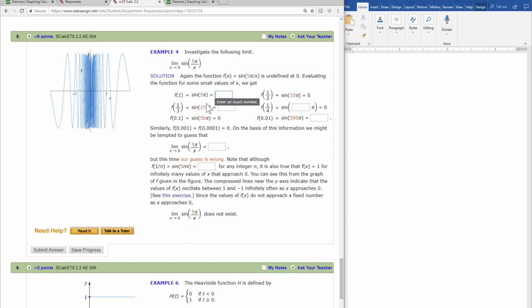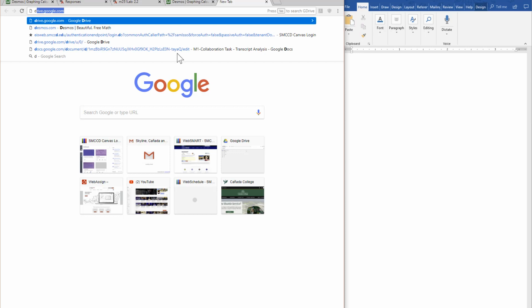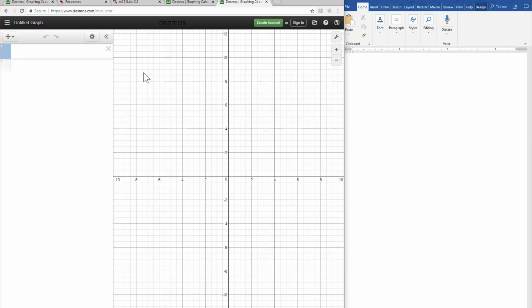Actually, you should know, because this is a sine function, and let's call on Desmos to have us graph the function. And I'm just going to put sine x, and let's look at 5 pi.